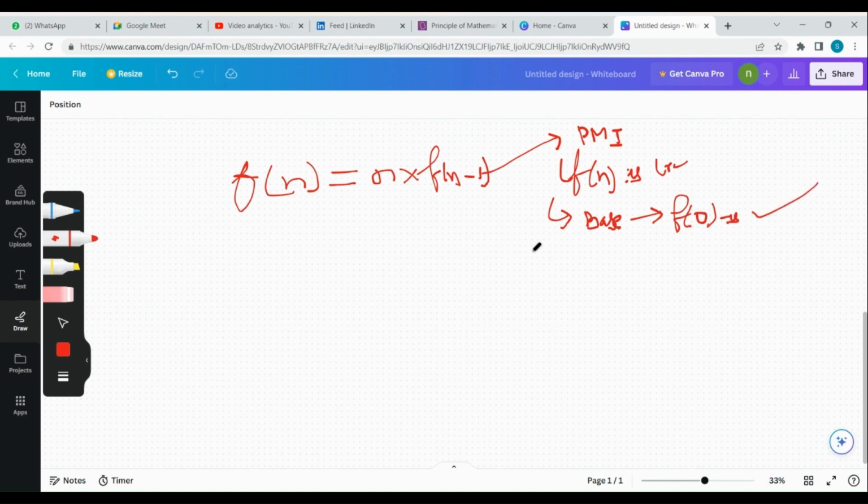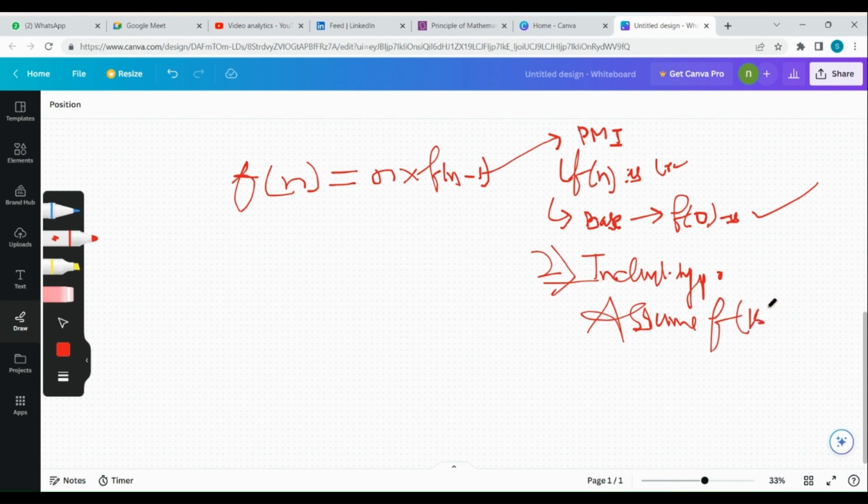Then step 2 is the induction hypothesis, right? In the induction hypothesis we assume that f of k is true.